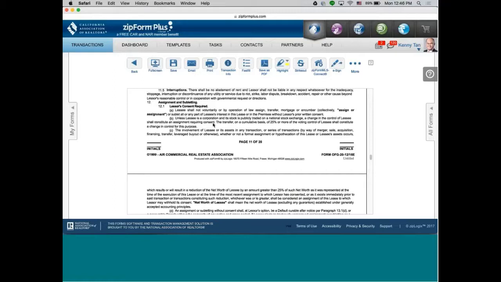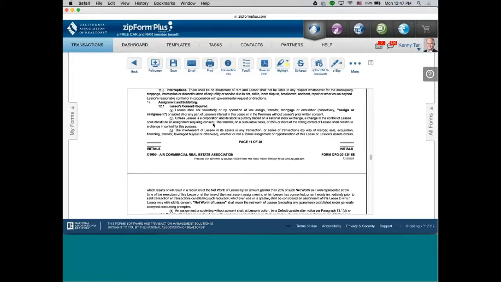I mean, they don't require a change in the paperwork because it's still the same corporation, but it still requires a written consent from the landlord.